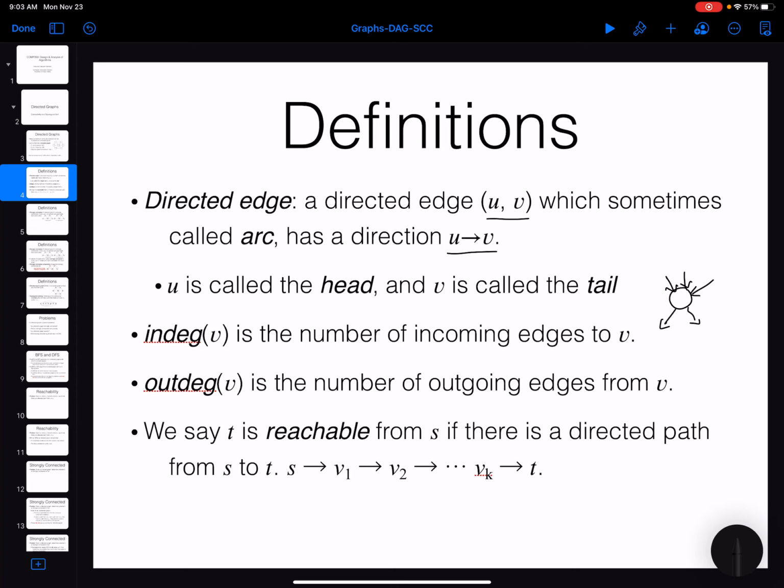But in directed graphs, because the edges have direction, for a node S, instead of saying that S is connected to T, you would say that T is reachable from S, or S can reach T if there is a path like this, where S is the first node in this path, T is the last node, and there is a sequence of nodes between them with a directed edge from S to V1, from V1 to V2, until you reach T. So T is reachable from S if you can find such a path, but it doesn't mean that S is also reachable from T.